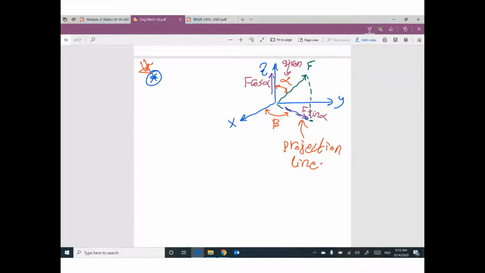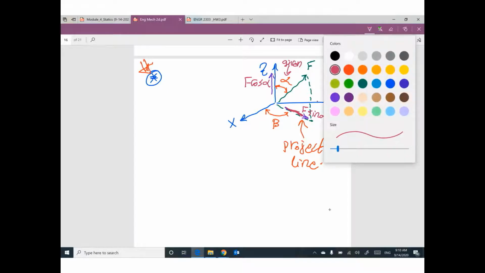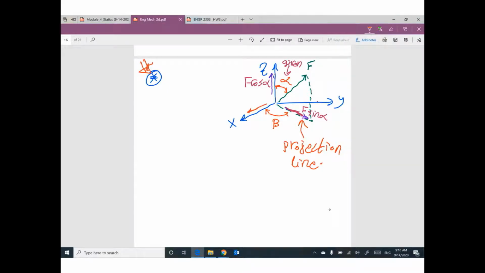Then, second step, we need to break the projection component to X and Y components using this angle. Which one will be sine? Which one will be cosine beta? The adjacent component to beta will be cosine.